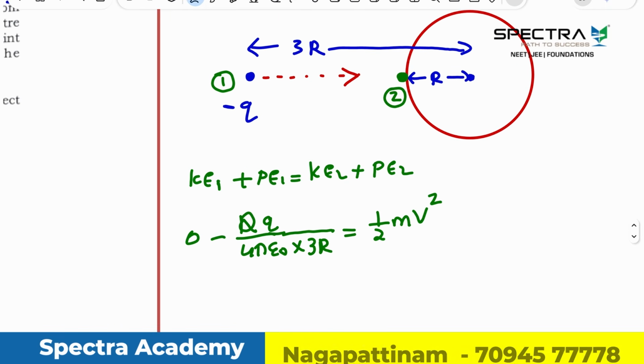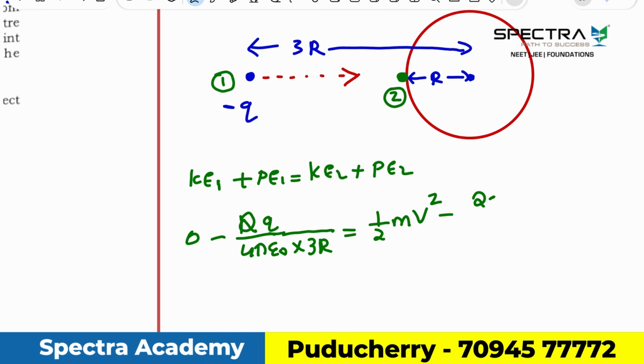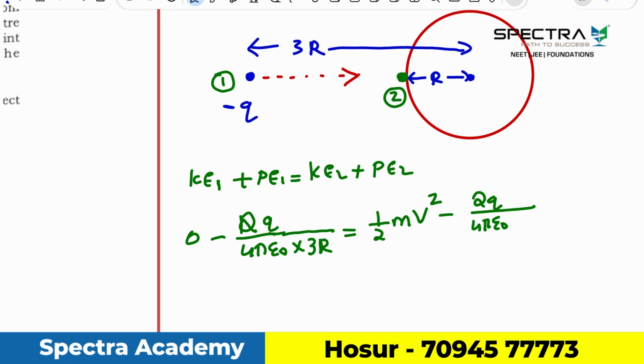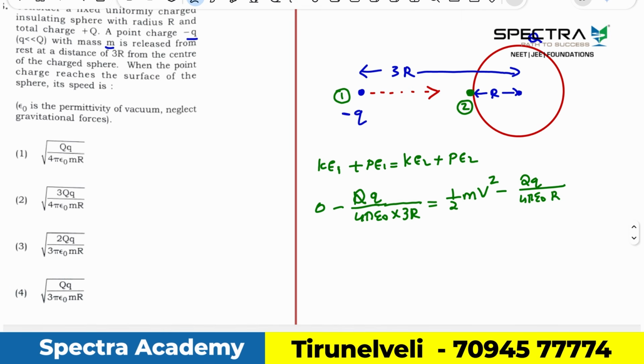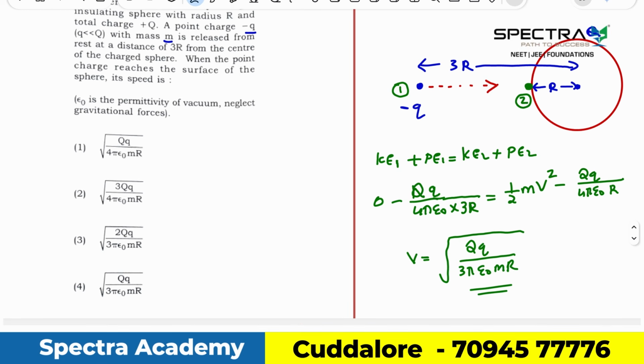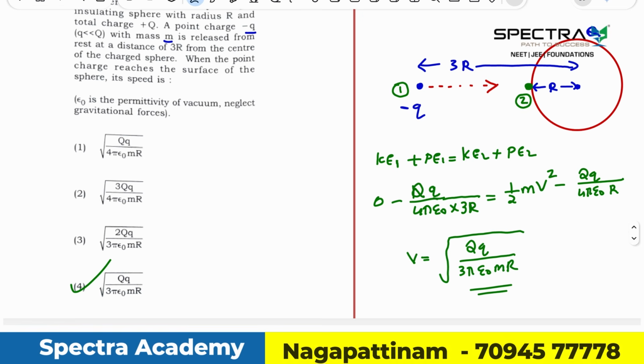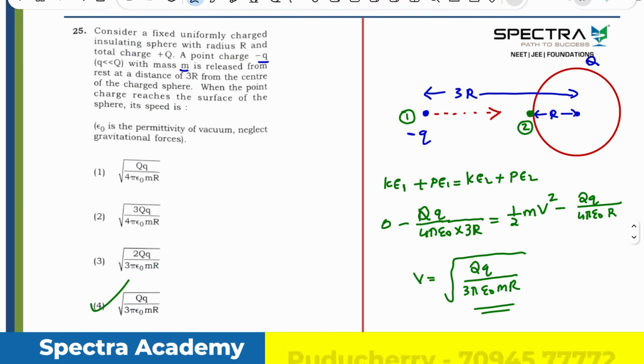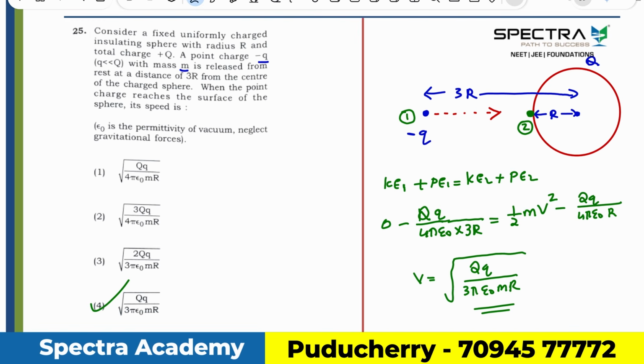It can be written as minus Qq by 4 pi epsilon naught, and the distance is r. Now solve it. You will get v is equal to root of Qq divided by 3 pi epsilon naught mr. So it's a normal problem which they usually ask. Question number 25 is easy only. Option 4 is the right answer.